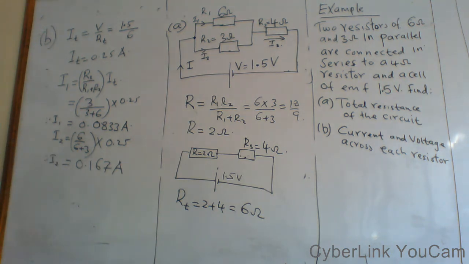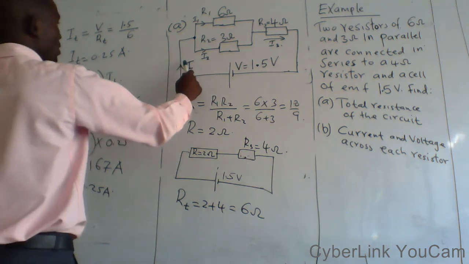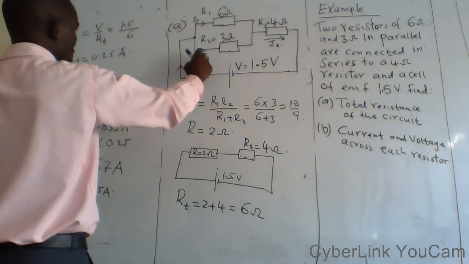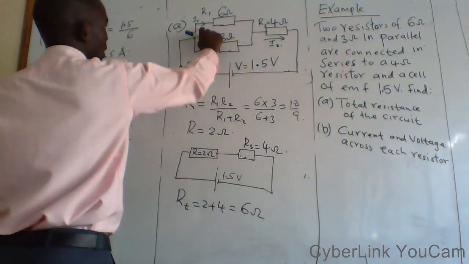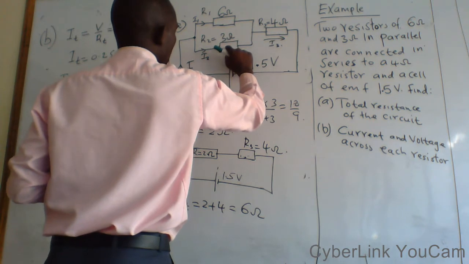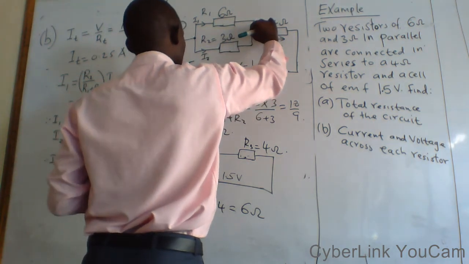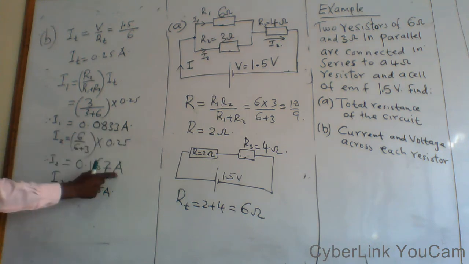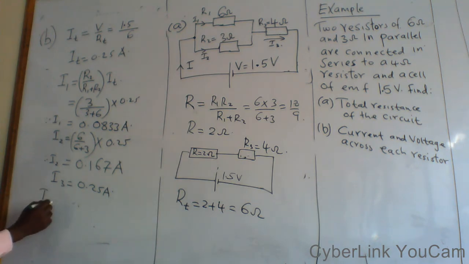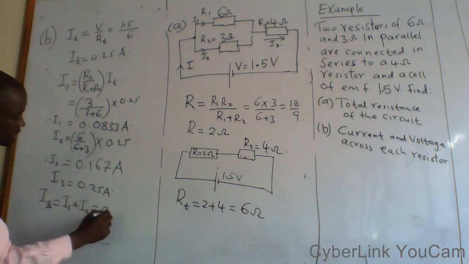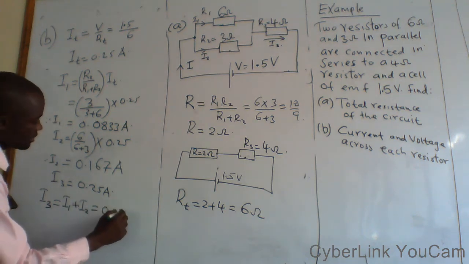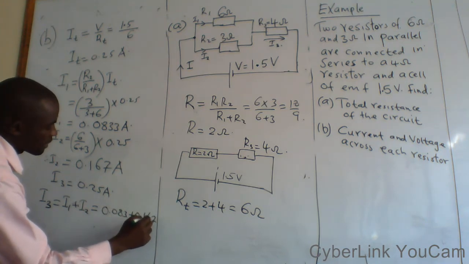Another important point you need to know: I3 will be equal to 0.25, the original current. Remember, they are connected in series. This current, upon reaching this junction, will split into 2. So I2 will flow here, I1 will flow here. Then at this particular point, I2 and I1 will combine. So I3 is the same as I1 plus I2, which will be equal to 0.083 plus 0.167.